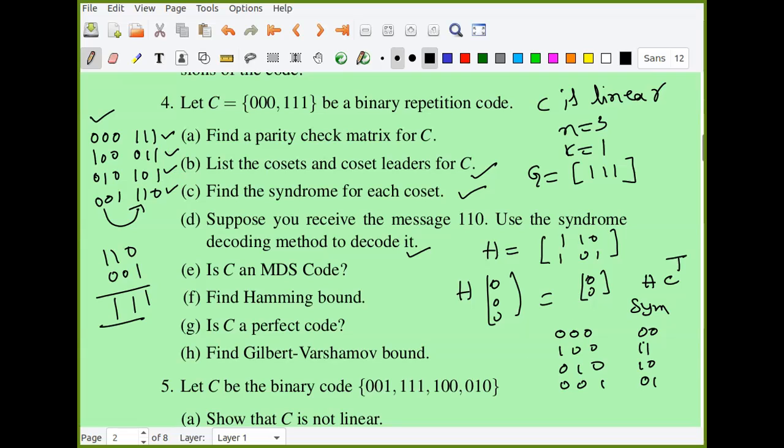So H times 110: find the syndrome for this. We get 0 1, which corresponds to this coset leader.